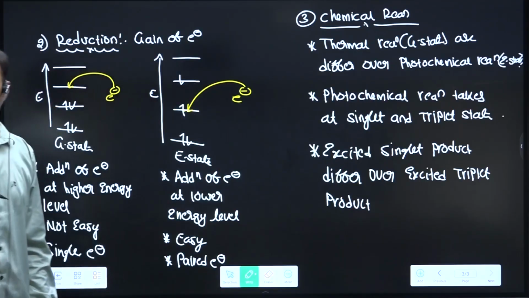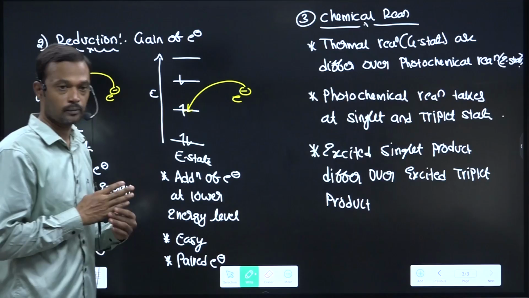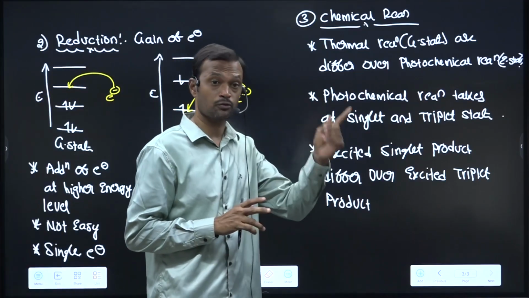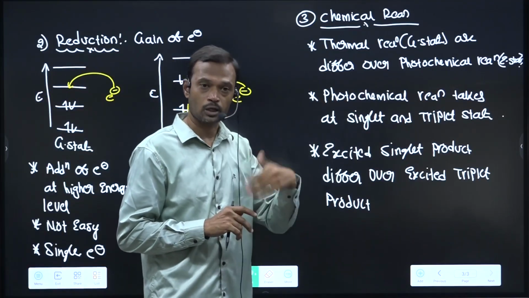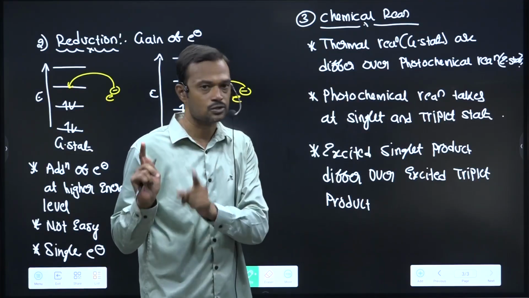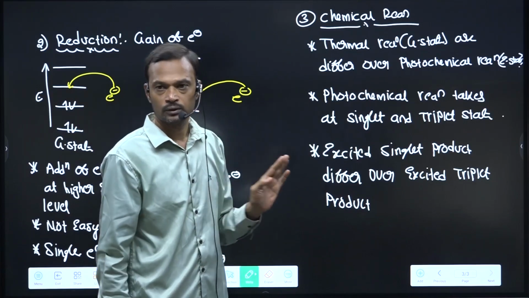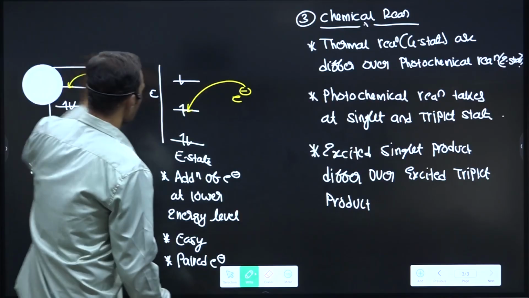Thermally only one product, photochemically the singlet product is different and the triplet product is different. In singlet also S1 is different, S2 different, S3 like that. In triplet also T1 different, T2 different like that. It means our target is to generate the corresponding excited state. Once you generate the excited state, your answer changes. Clear?